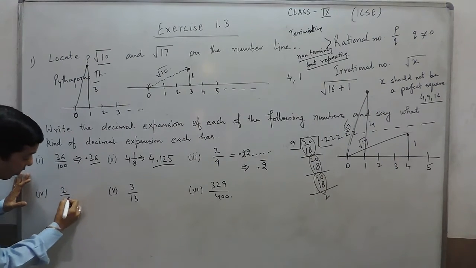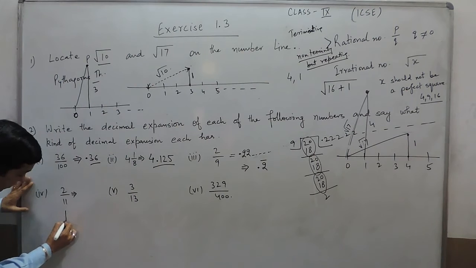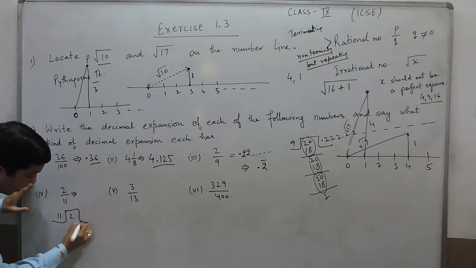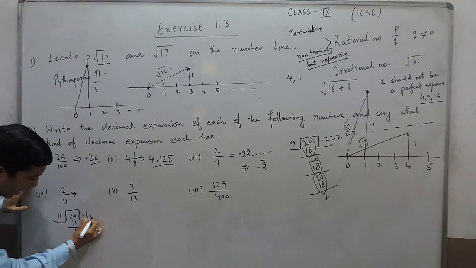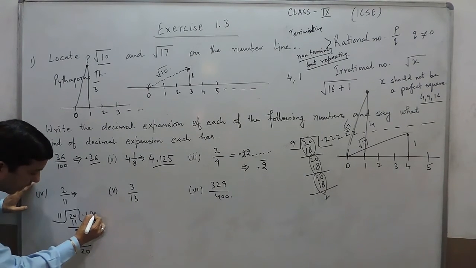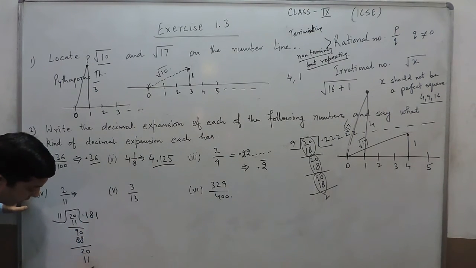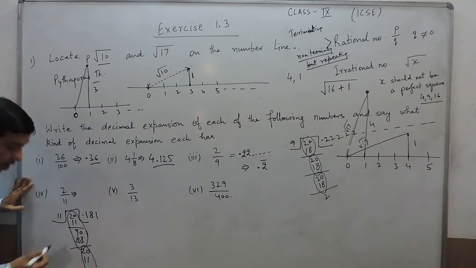If I find a value for 2 upon 11, again if I solve it, it is point, taking 0, 20 divided by 11, it is 1, remainder 9, again a 0, then 8 times 11 is 88, then the remainder is 2, again a 0, then 1 times 11. Now this process will keep on repeating itself.